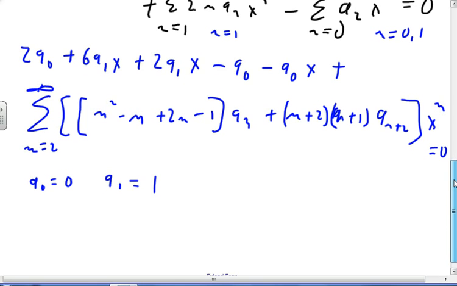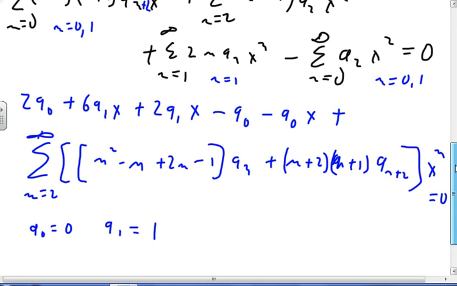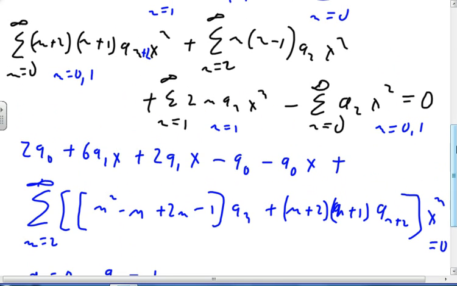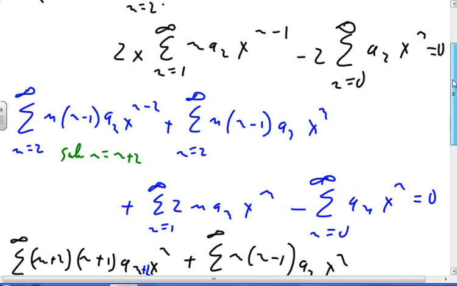I'm hosed. Where did the 2 go in the last portion of the black? Where's 2? Last portion of the black. That 2? Next one to the right. So that's supposed to be a 2 there? That 2 that should be right here.